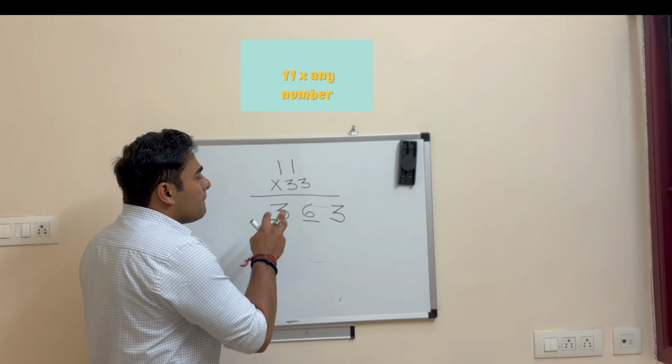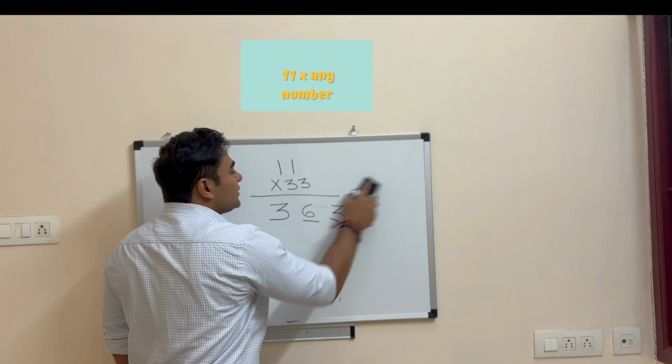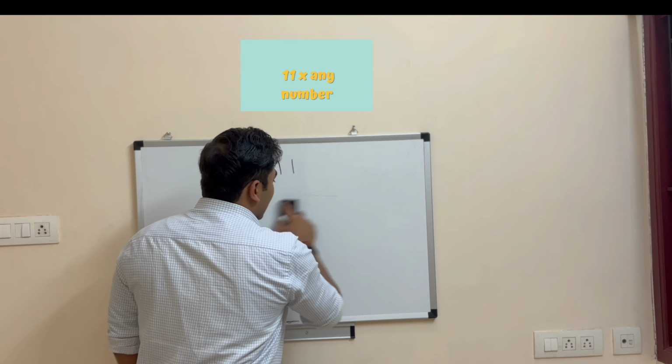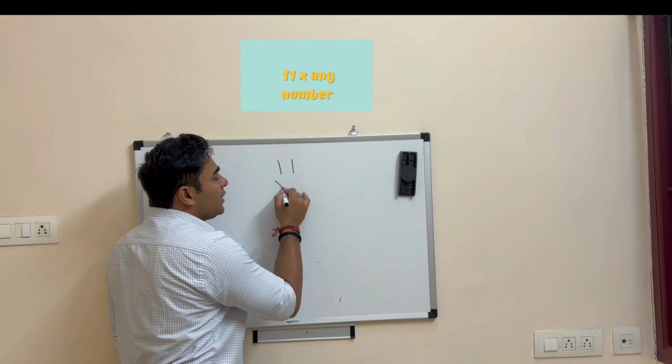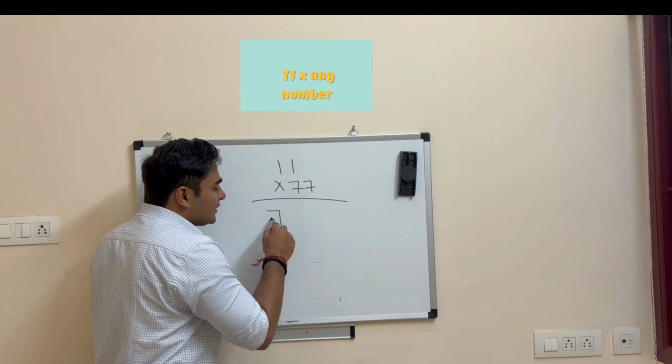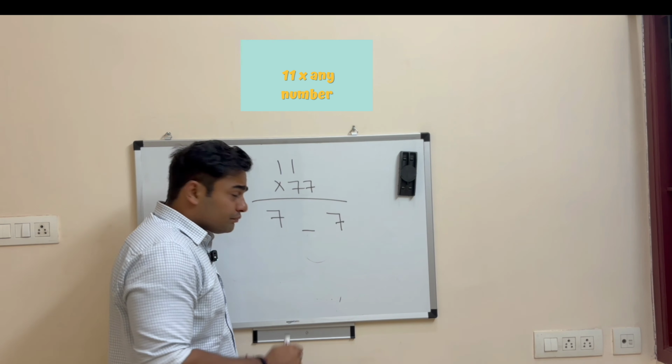So will that trick work on higher numbers? Let's try to find out how that can happen. Suppose I want to multiply with, let's say, 77. What I'm going to do is write 77 like that. I'll put a middle space here, and then the sum of 7 plus 7 is 14.